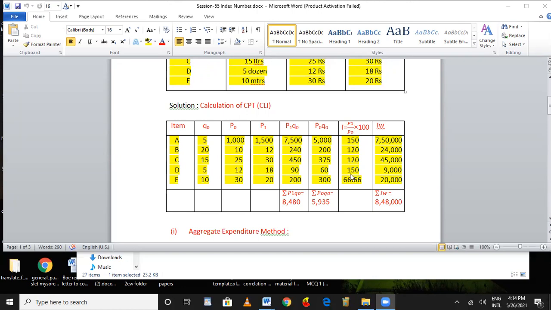Then 150 into 60, 9,000. Then 300 into 20,000. Total it comes to 8,48,000.